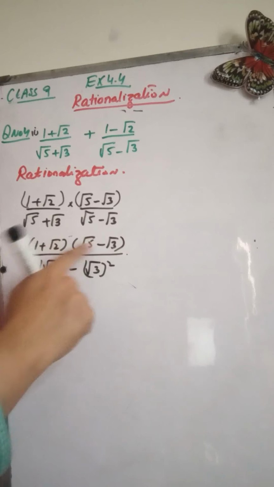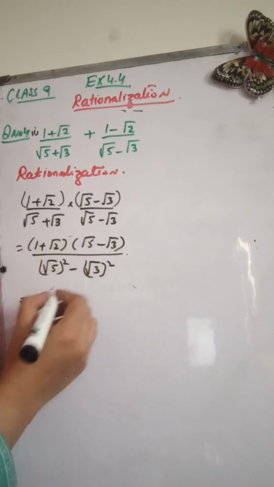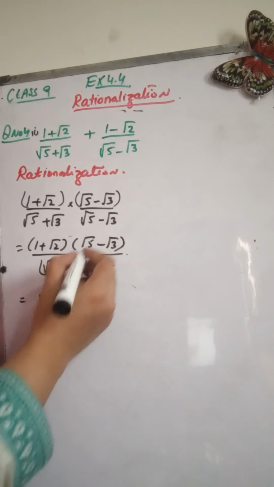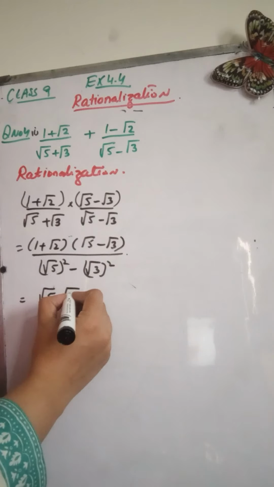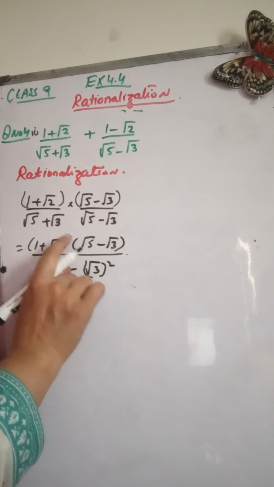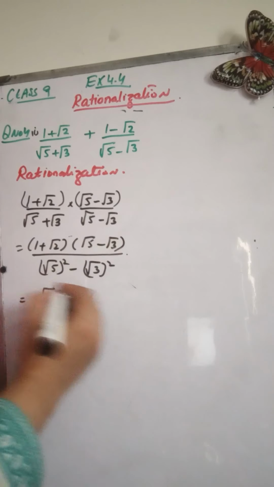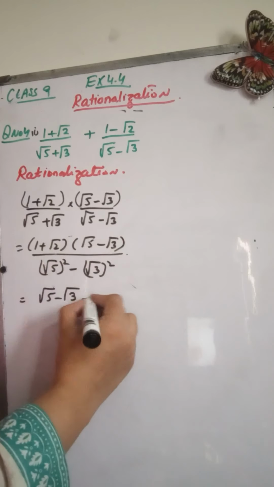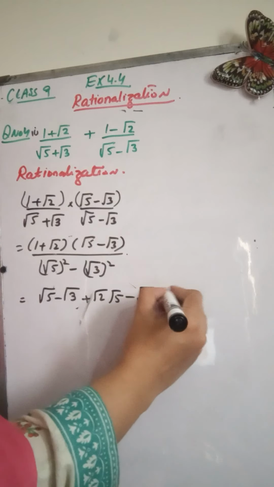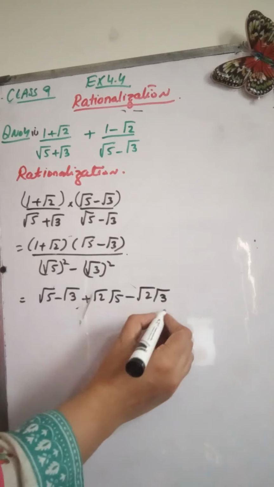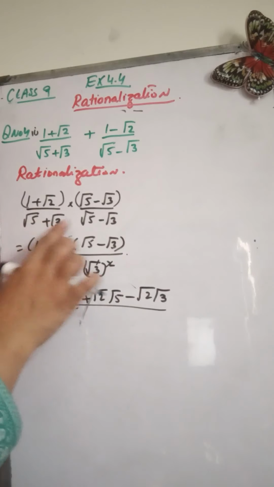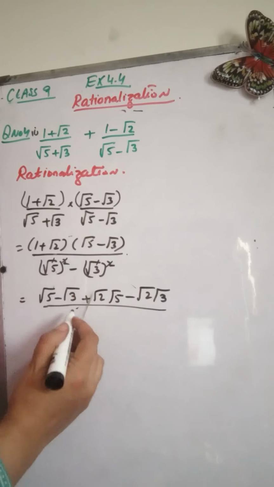here I am going to multiply using the bracket multiplication method. 1 will be multiplied with this bracket, which will give us under root 5 minus under root 3, and then under root 2 will be multiplied with each and every term of this bracket, which will be under root 2 into under root 5 minus under root 2 into under root 3 over, this will be equal to, again by using the formula, a plus b into a minus b is equal to a square minus b square.